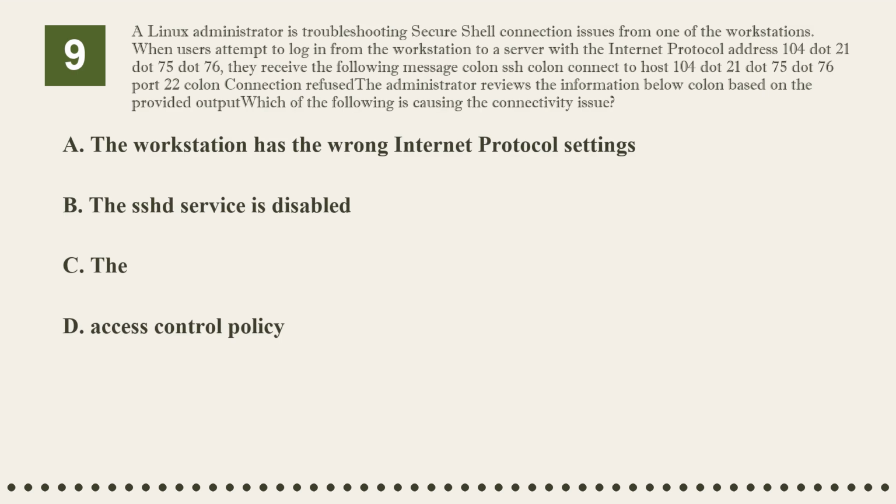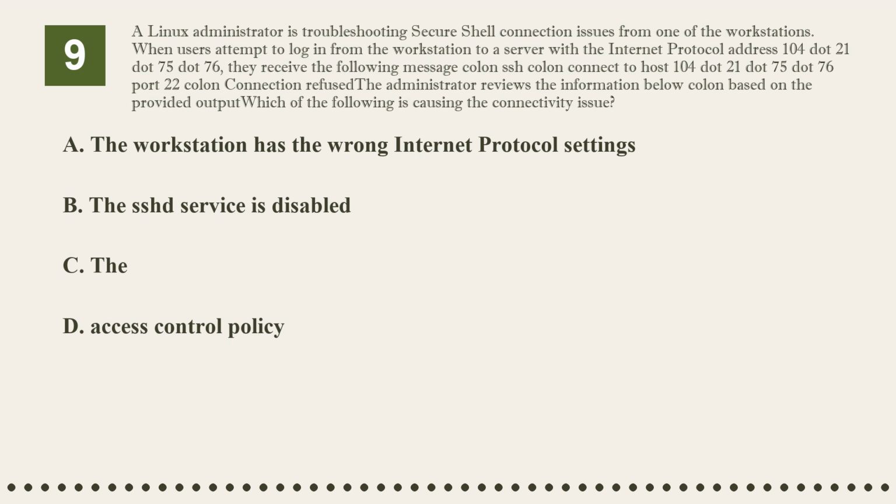Question 9. A Linux administrator is troubleshooting secure shell connection issues from one of the workstations. When users attempt to log in from the workstation to a server with the Internet Protocol address 104.21.75.76, they receive the following message: ssh: connect to host 104.21.75.76 port 22: connection refused. The administrator reviews the information below.